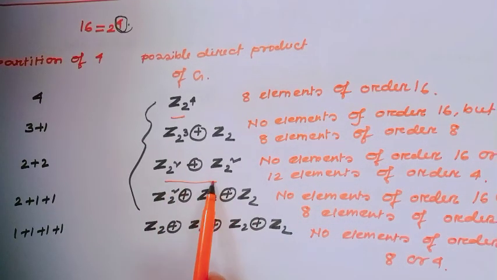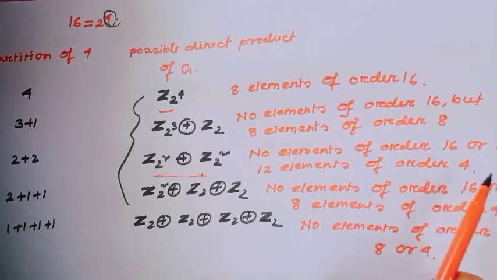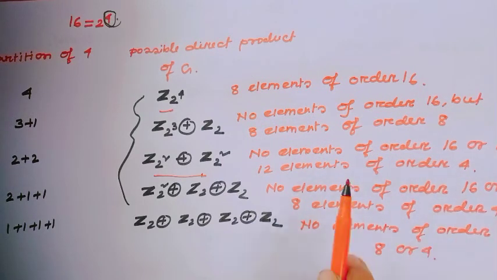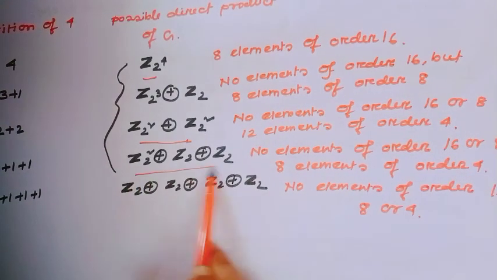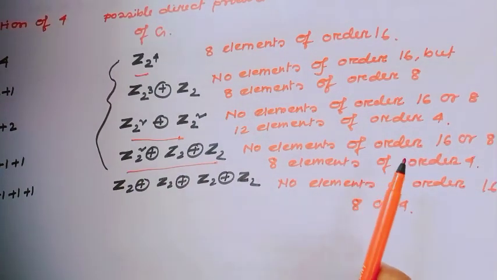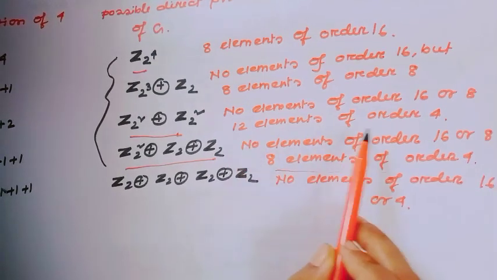And for this group, there exists no element of order 16 or 8 and 12 elements of order 4. And for this group, there exists no element of order 16 or 8, but here 8 elements of order 4, here 12 elements of order 4.